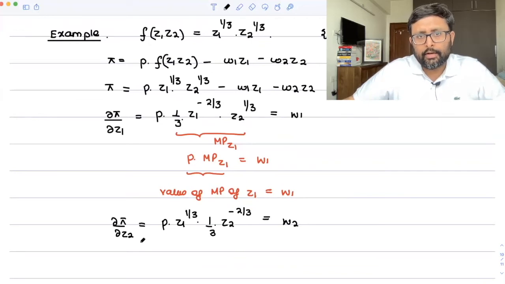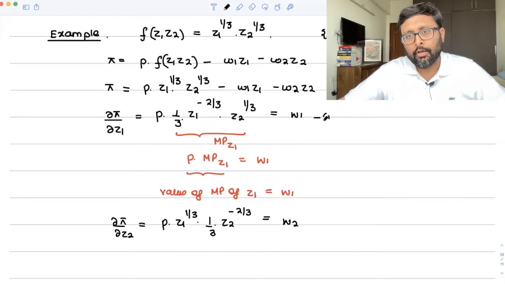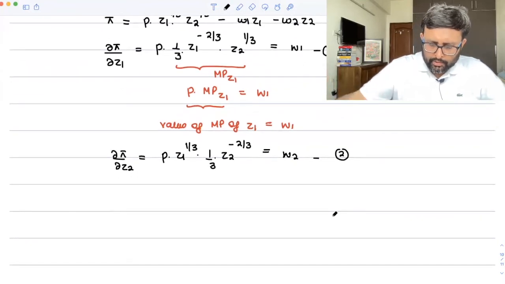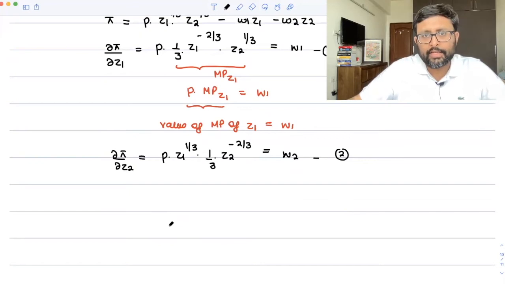So you guys can understand this thing very well. Again, this is also the value of marginal product of Z2, which should be equal to W2. So this is equation 1 and this is equation 2. So what I can do is divide the first by the second.